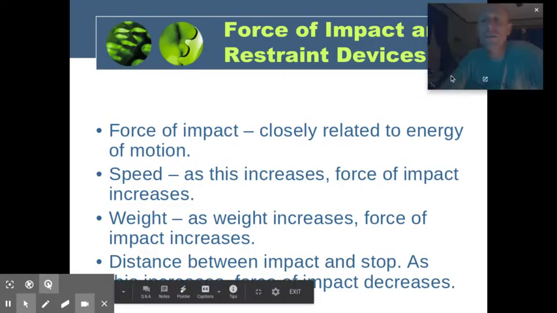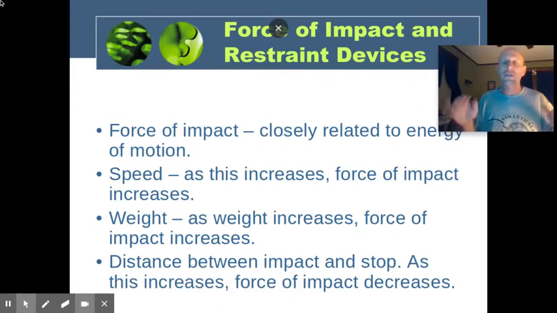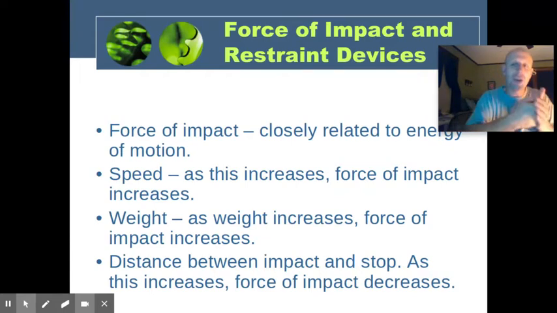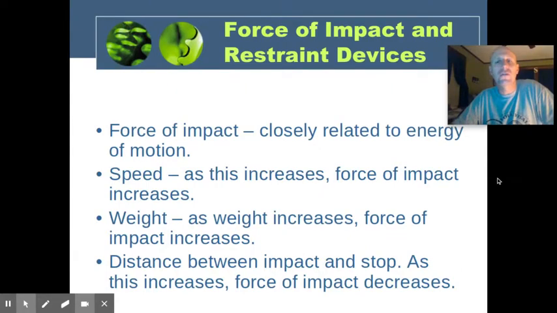Okay, force of impact and restraint devices. So we've talked about energy of motion. Energy of motion greatly affects force of impact. So how fast you're traveling and how heavy your vehicle is determines how much force you have when you impact something. And so force of impact, like we said, is closely related to energy of motion.